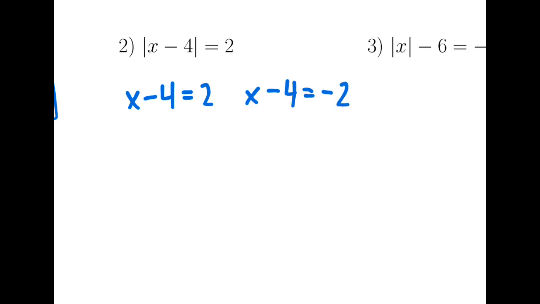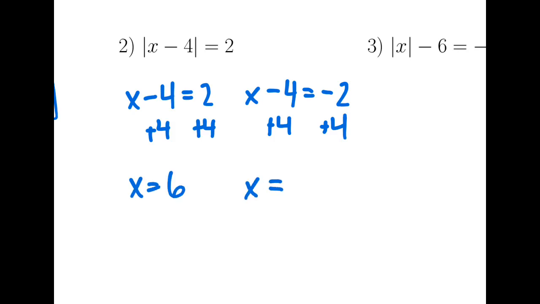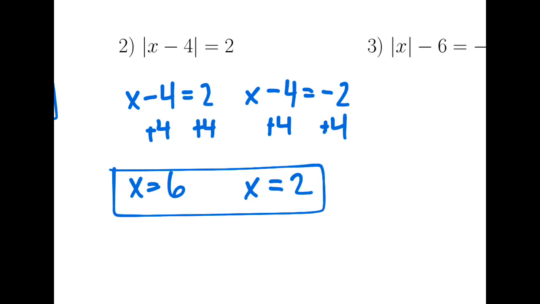So to get rid of that absolute value, we just set the inside equal to the right side, and we set the inside equal to the opposite of the right side, and then we solve each of those on their own. So we add 4 to both sides all the way across the board, right? And x could either be 6 or 2. So 6 and 2 are the two solutions there.